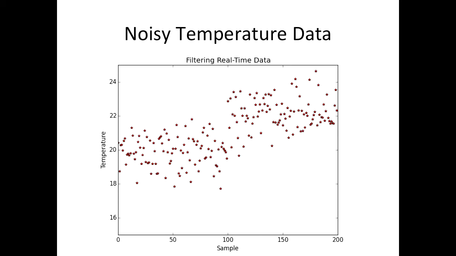So to talk about filtering, I'm going to talk about two particular types of filters. And I'm going to show you ultimately how we end up at the Kalman filter and why the Kalman filter is really useful.